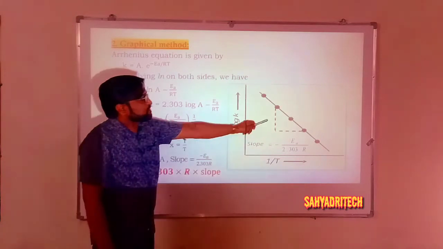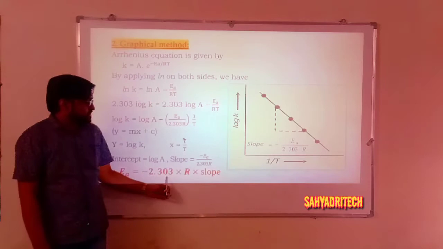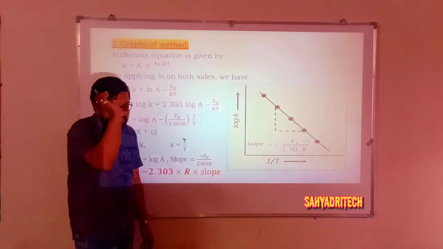First we have to calculate the slope of the straight line, and it is multiplied with this quantity, minus 2.303 into R. So we get the activation energy of a reaction.